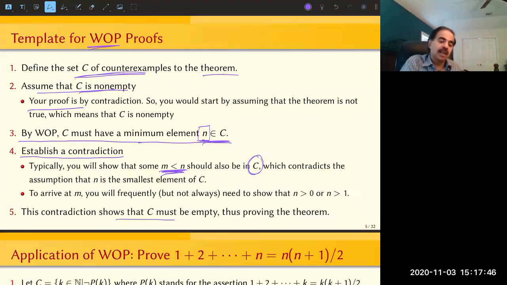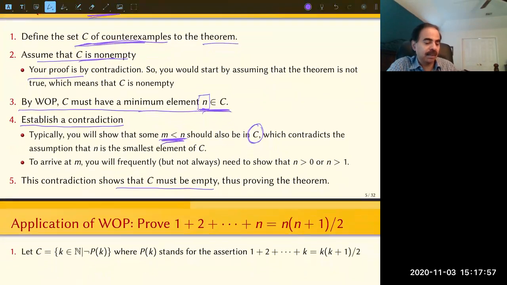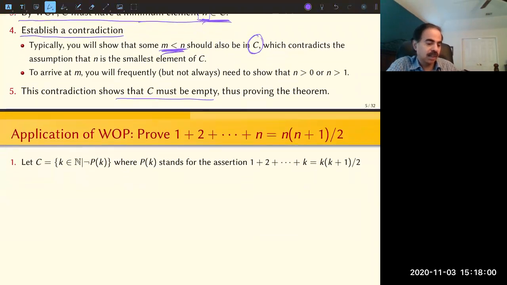So you would conclude that C must be empty, which means that there are no counterexamples to the theorem. Let us go through an example to see how this works.